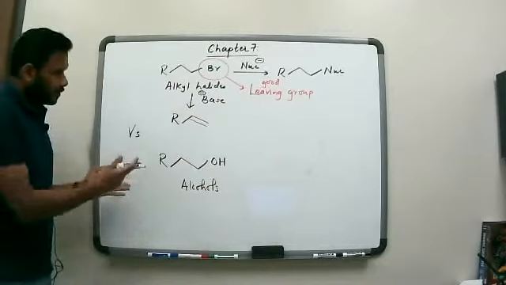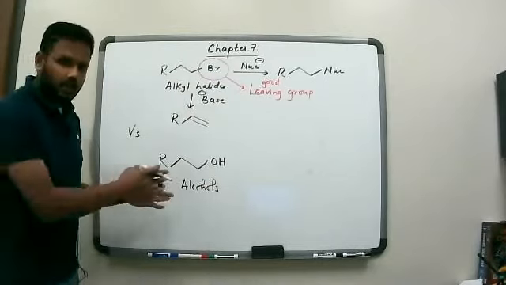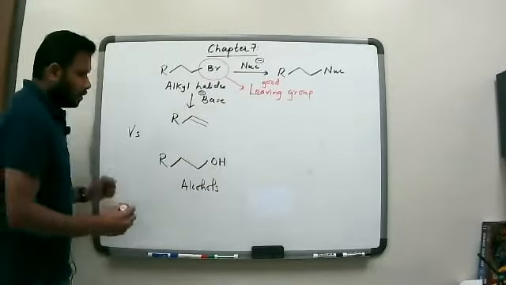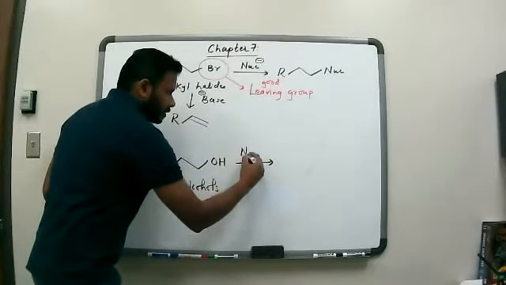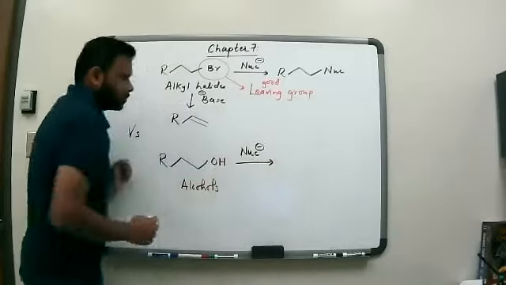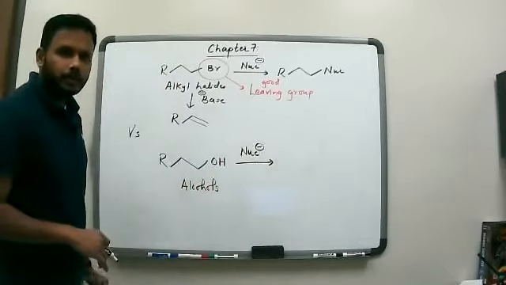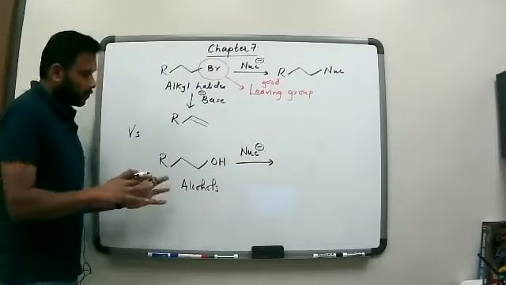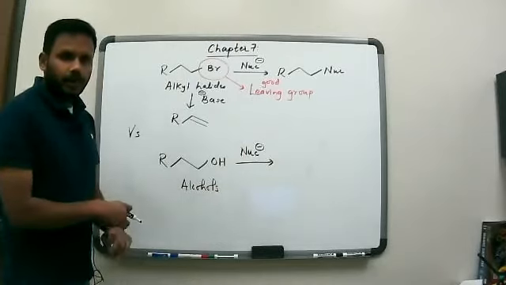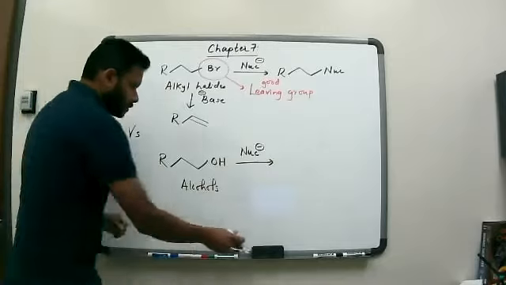But if you think about alcohols, let's write out a reaction for a substitution reaction. Let's say we react an alcohol with a strong nucleophile. I'm going to basically introduce two possibilities here, two things that could happen.